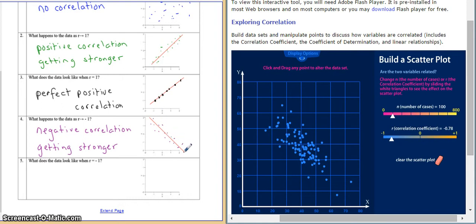of best fit. Now if r was equal to 0.8 and positive, and if r was equal to negative 0.8 and negative, these two scatter plots would have the same strength, just different directions.